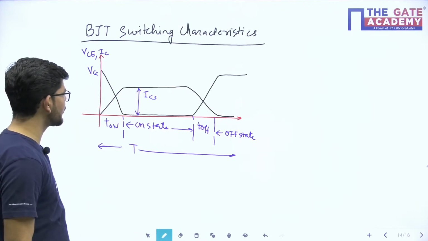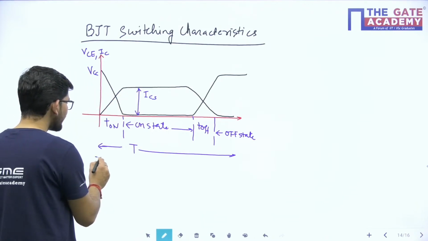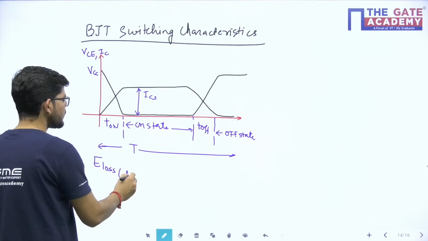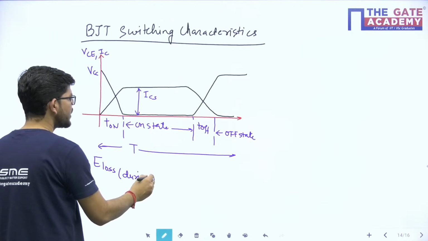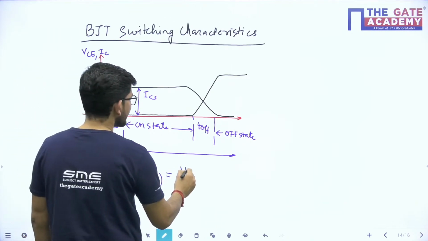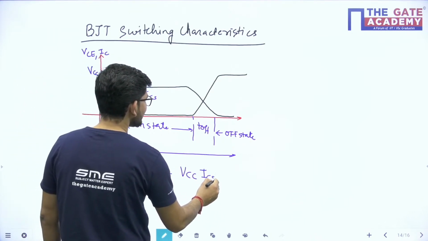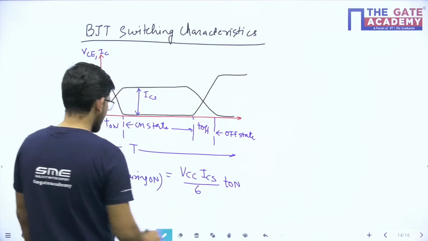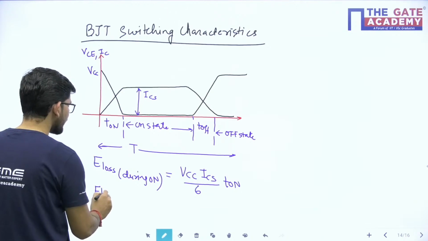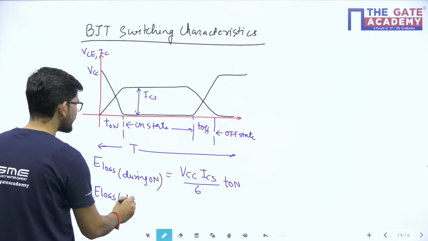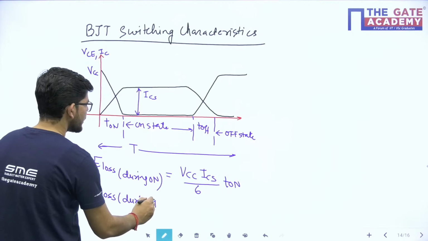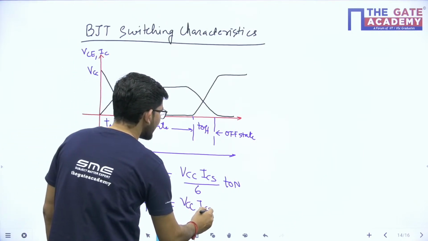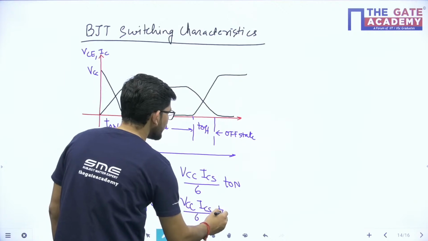So if you have this particular characteristic, then what will be the E loss during on time? E loss during on time will be given by VCC ICS upon 6 into T on, and E loss during off time will be given by VCC ICS upon 6 into T off.